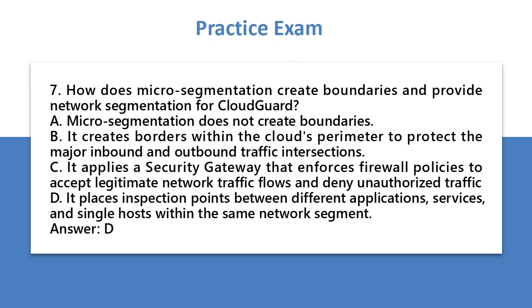C. It applies a security gateway that enforces firewall policies to accept legitimate network traffic flows and deny unauthorized traffic. D. It places inspection points between different applications, services, and single hosts within the same network segment. Answer: D.